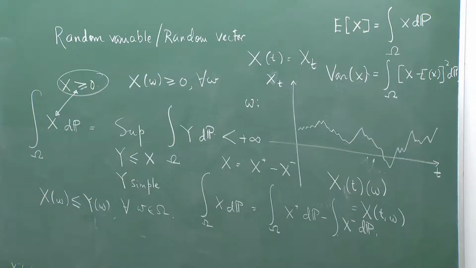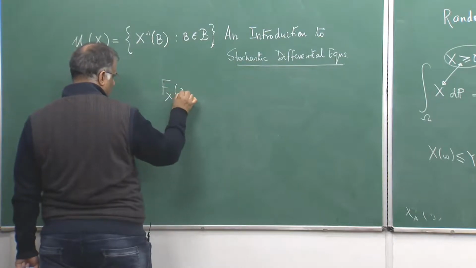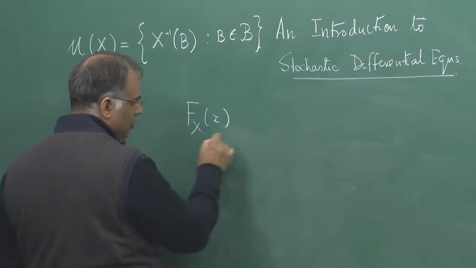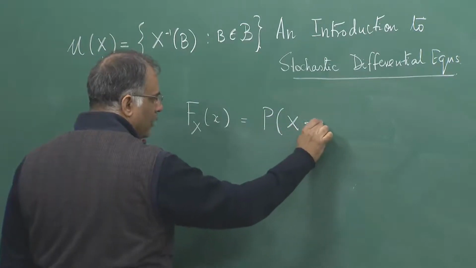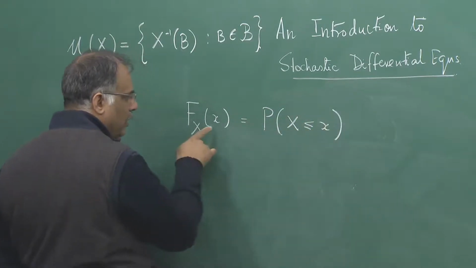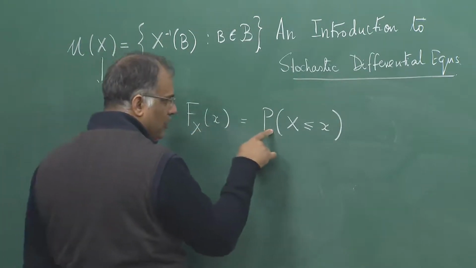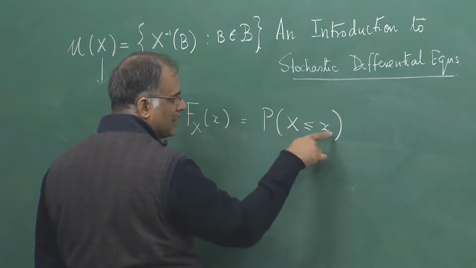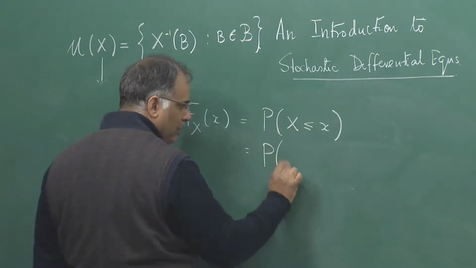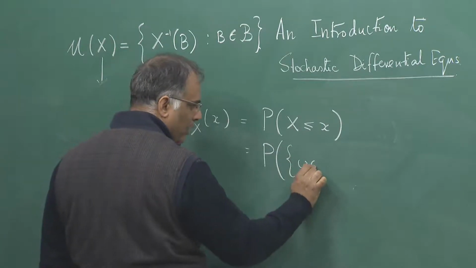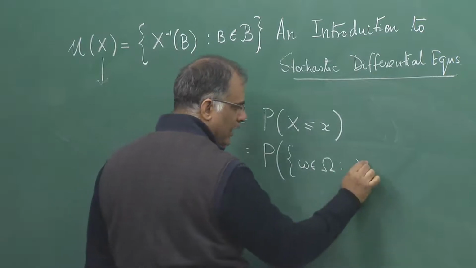So, given a random variable, the distribution function is a real valued function. When you evaluate F of capital X at small x, it calculates the probability that X is less than or equal to x, which means calculating the probability of the event, the set of all small omega in capital Omega such that X of omega is less than or equal to x.